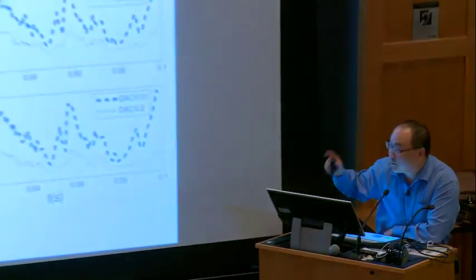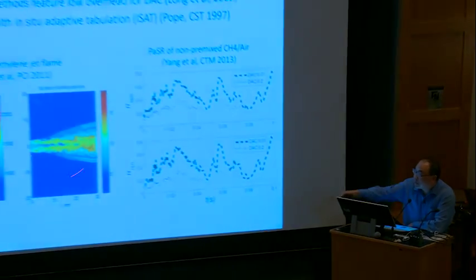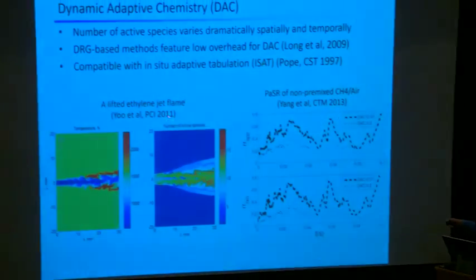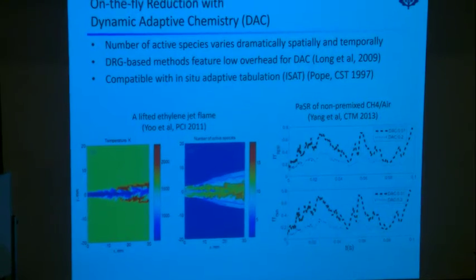Let me explain a little bit, because you want to ask about how many species you have in different regimes of a flow field or a reaction set. This is one of the very tricky questions in DAC. What happens is in most DAC studies, people use the same set of species and reactions everywhere, okay?